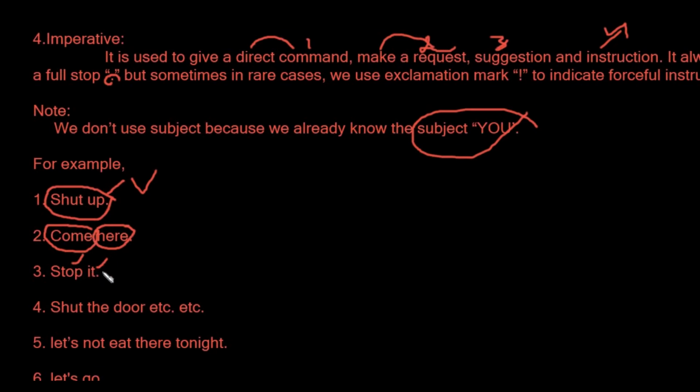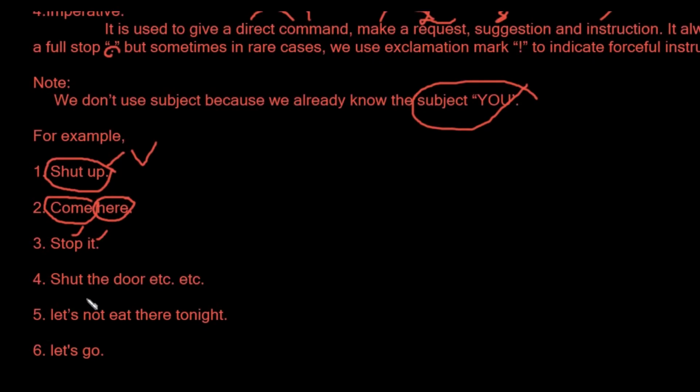If it is a teacher talking to a student to stop it, it will be a command. If someone is making noise and you say stop it, it will be a kind of request. And if you're smoking and your friend is telling you that you should stop it, it will be a suggestion.